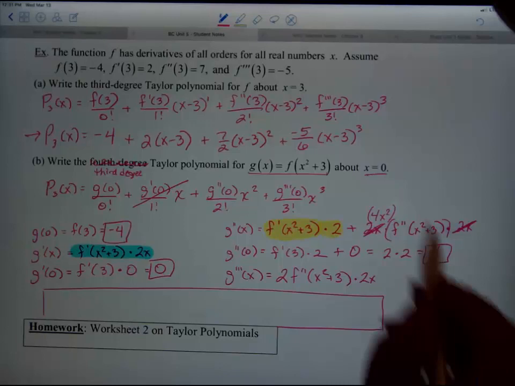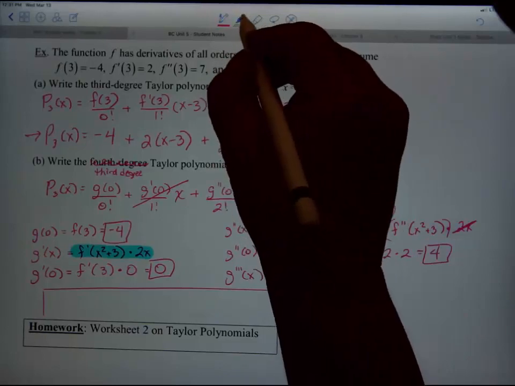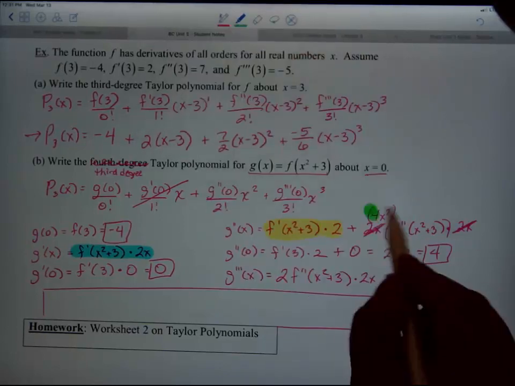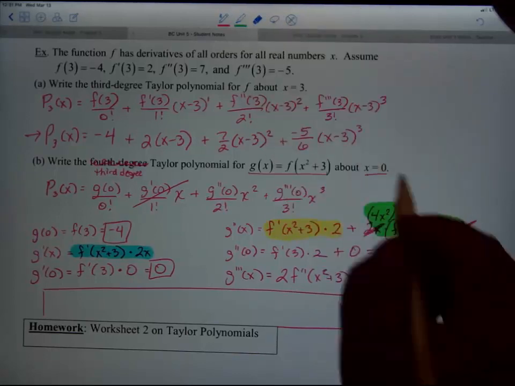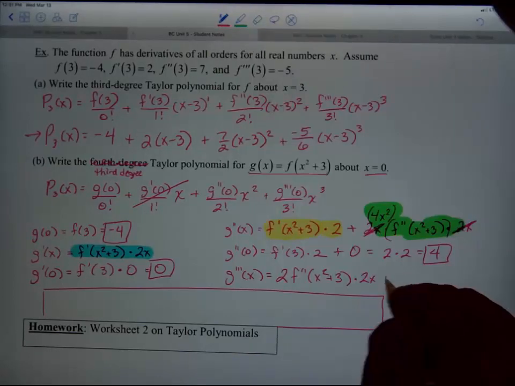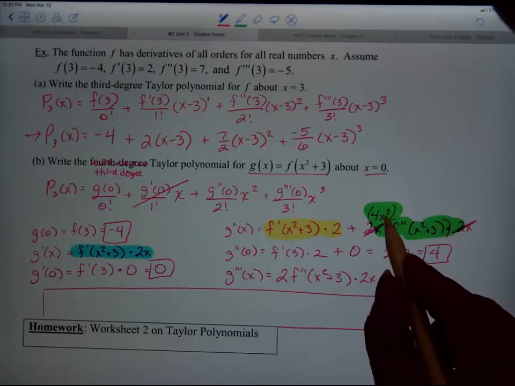Okay, now I'm going to highlight the next part in green to help it stand out. Here we go. 1 is 4x squared.